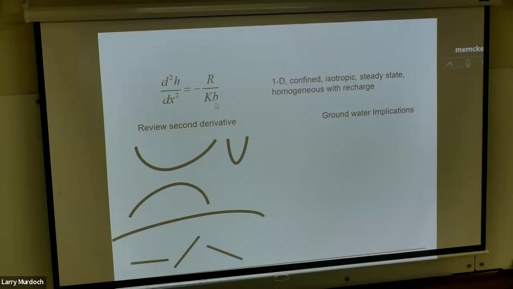Okay, so what do you make of that? The second derivative of the heads in 1D is proportional to the negative of the recharge. We saw from Darcy's law that the flux is proportional to the gradient, right? So the gradient is like the slope. So the flux is proportional to the gradient from Darcy's law.